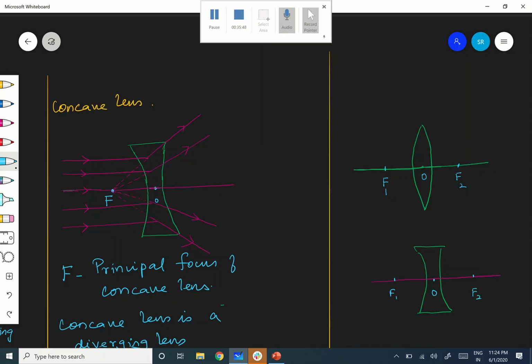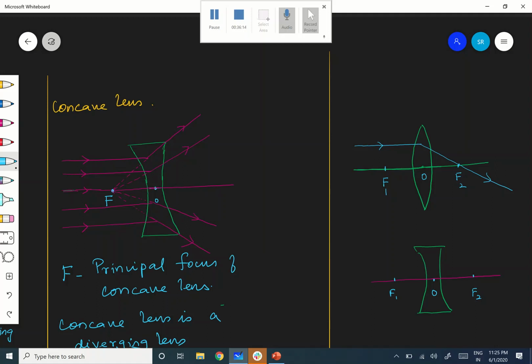Another thing I want to give you. In the case of a convex lens, the parallel rays, after refraction, pass through the focus.